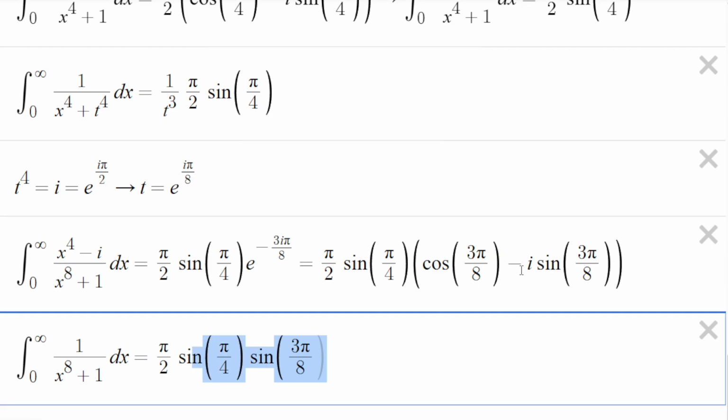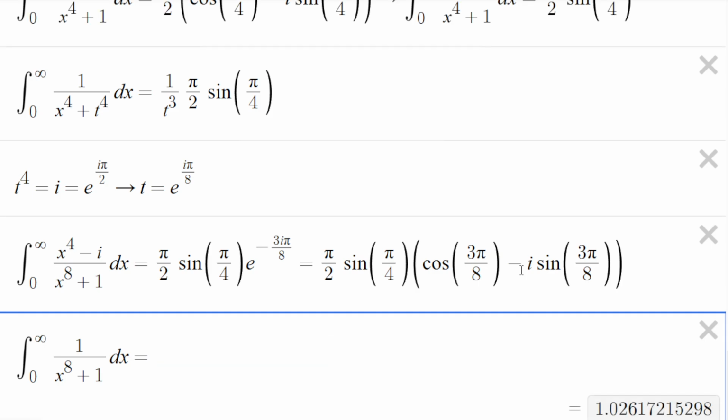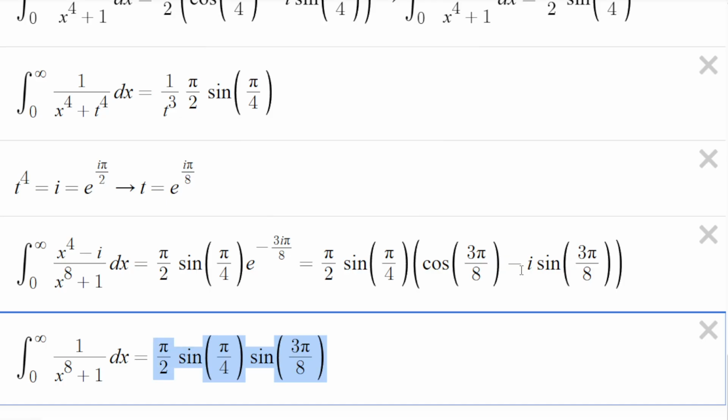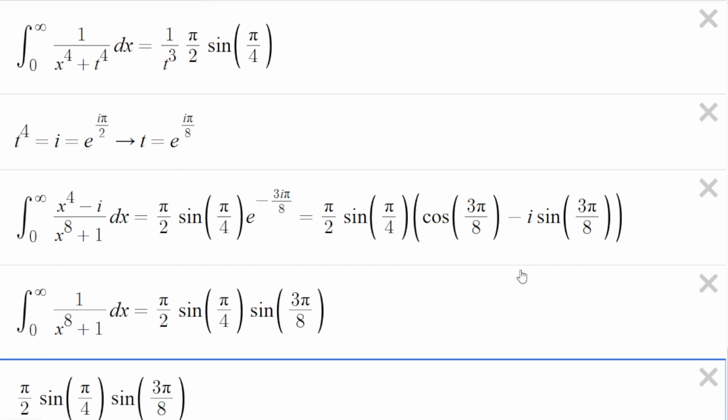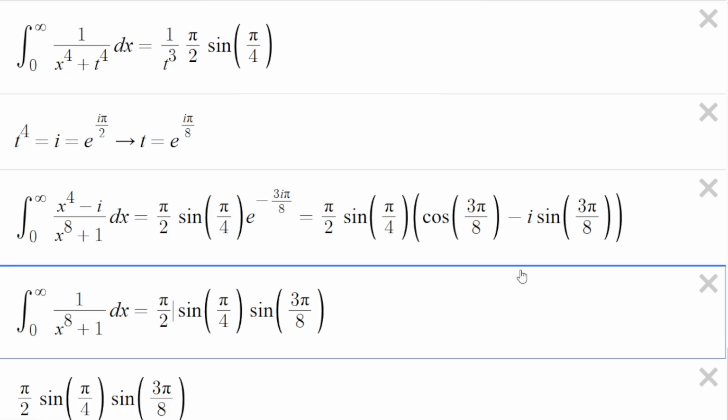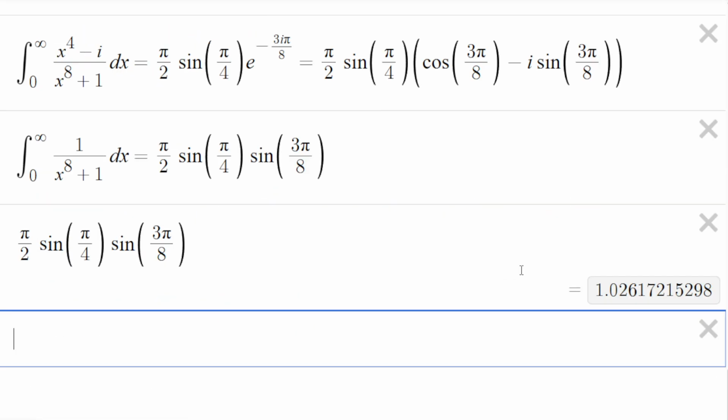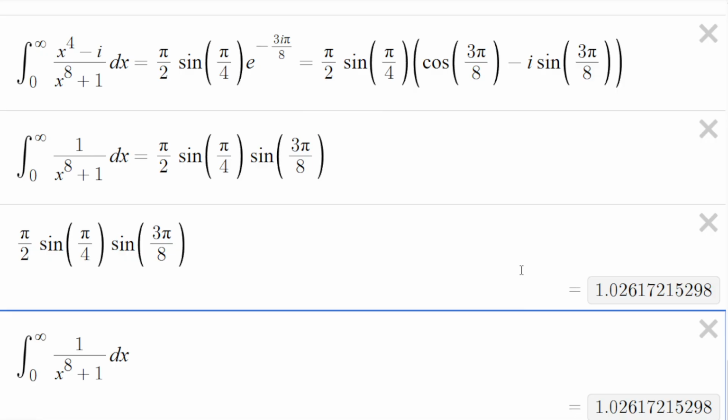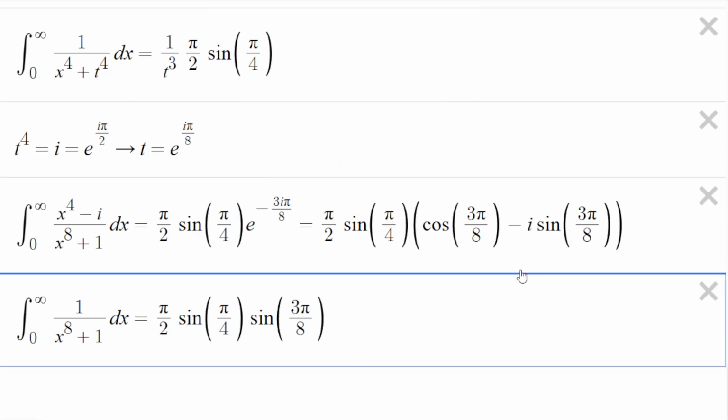And of course, I'm going to show you that that's actually true. So let's paste this value right here. We get that, and then let's paste this integral here, and we get the exact same thing. Okay, so that's true. Now we can continue this process indefinitely.